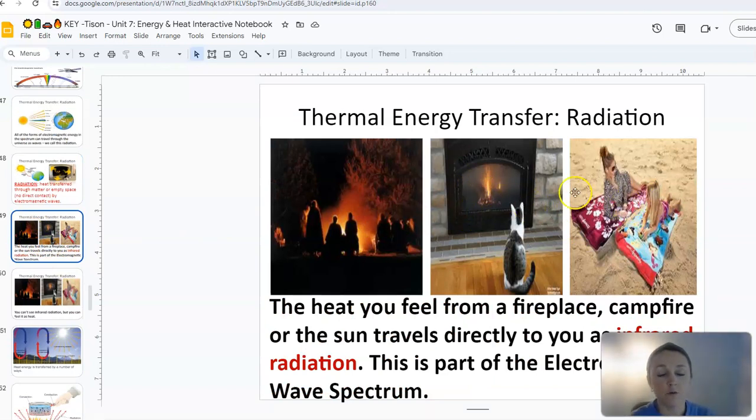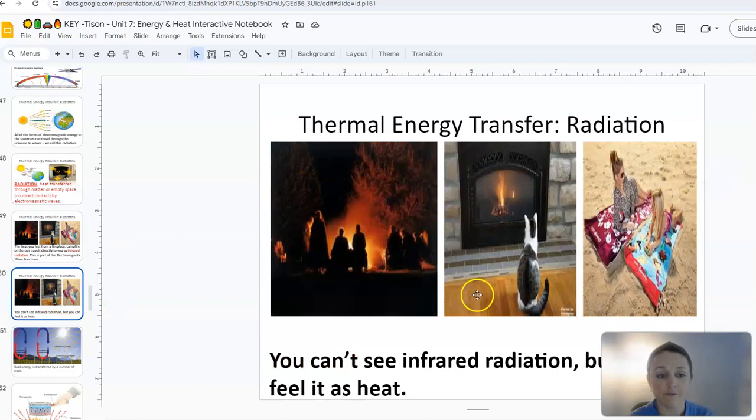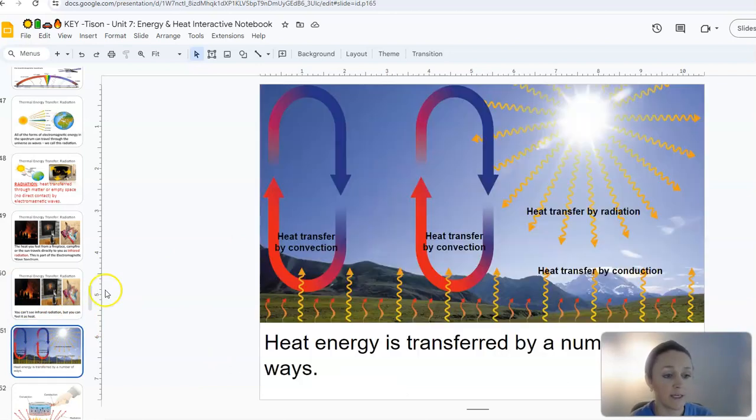So these are all ways that there's heat transfer by radiation. Remember, if it's going to be convection, it's going to have to be circulating the air in the room. So if you're sitting in a room without a fireplace and you turn the heat on, you're talking about convection because it's heating the whole room up. So you can't see infrared radiation, but you can feel it as heat.